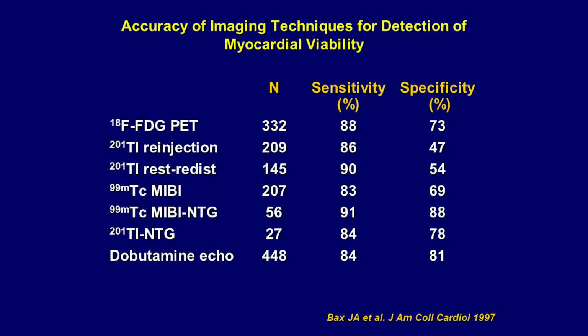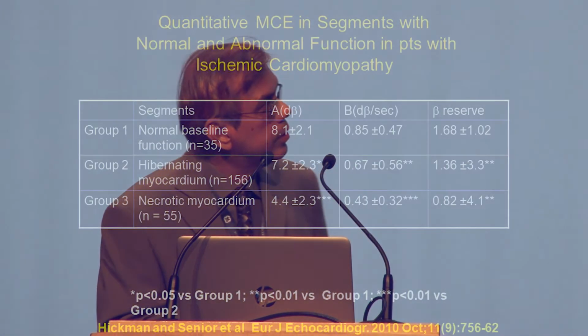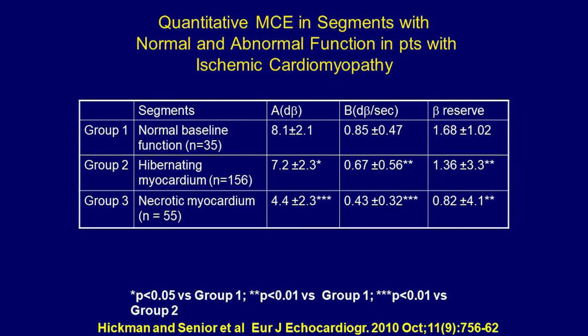Now, we know from data that dobutamine stress echo is excellent for looking at myocardial viability. However, its sensitivity tends to be lower compared to techniques that look into metabolism or technetium uptake, etc. So a technique that looks into contractile reserve tends to be slightly less sensitive. Why? Because this is our study again where we looked at hibernating myocardium versus necrotic myocardium versus normal baseline function.